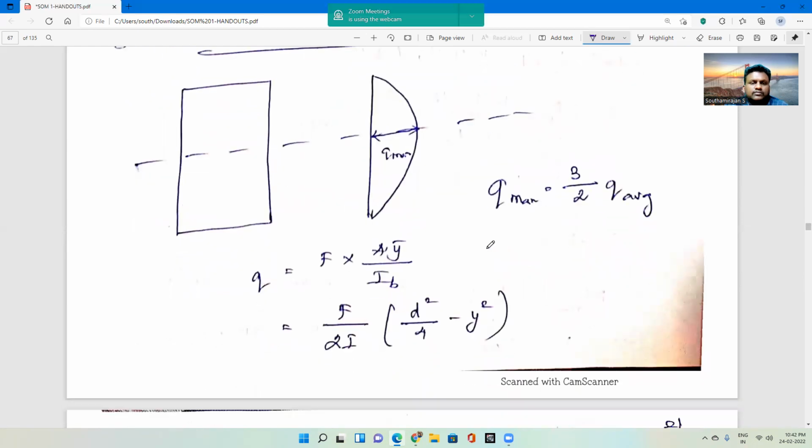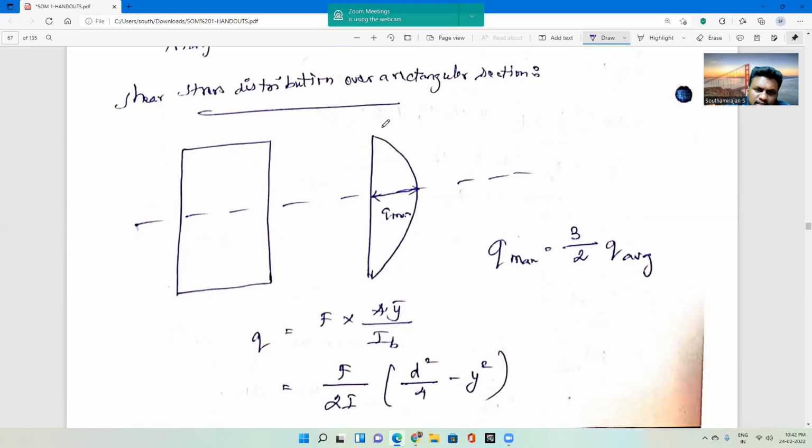Next, from the standardized one, we will calculate the shear stress variation. The shear stress variation will be like this, and at the exterior end, the shear stress will be 0.